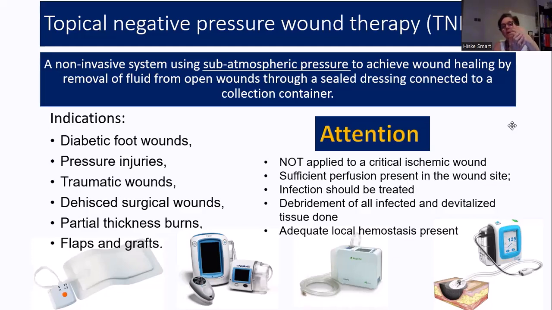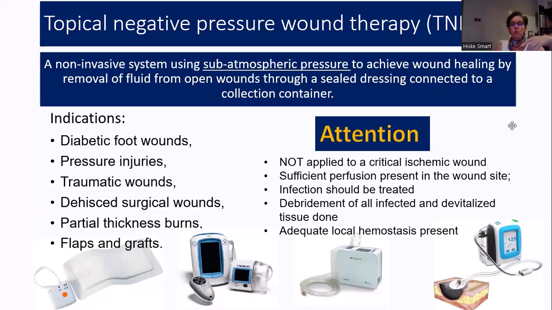And if we apply negative pressure on top of that, that amount of pressure can lead to tissue degeneration and tissue death in those patients. So make very, very sure about arterial supply before you do negative pressure wound therapy.